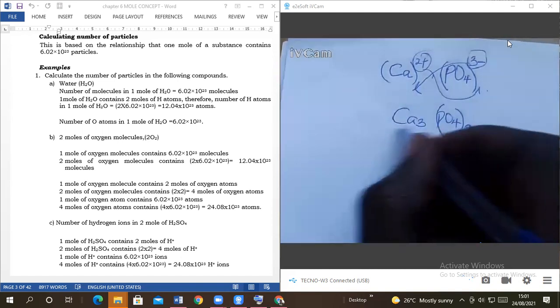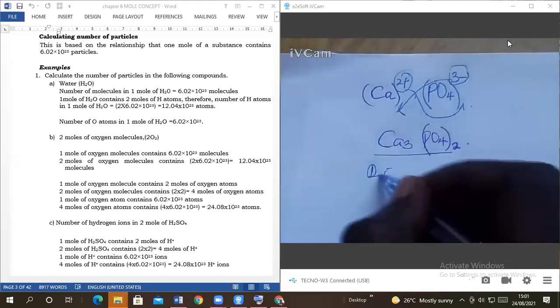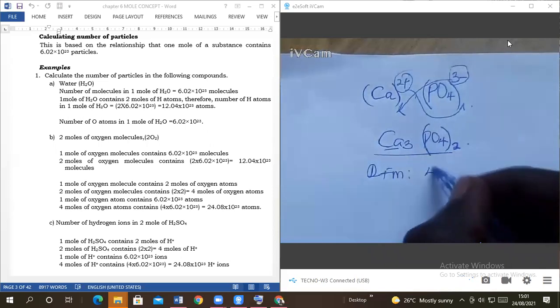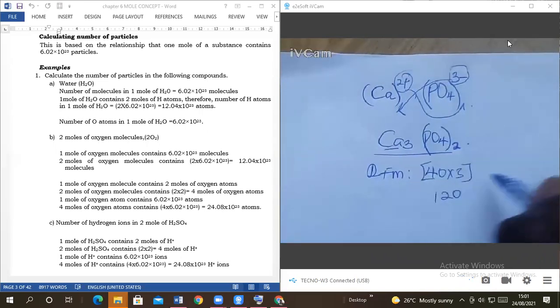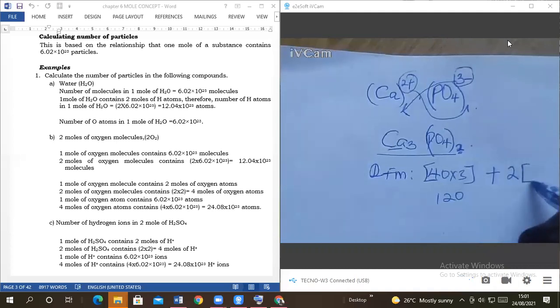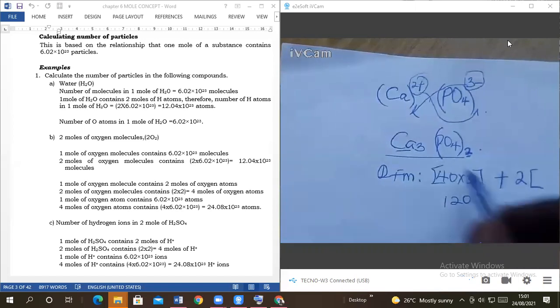This is calcium phosphate. Now, if you're looking for its relative formula mass, RFM, it's going to be calcium, which we said is 40, times 3. This is 120. Plus P, and there is this 2 outside, so we put this 2 here, then open brackets. Then 4.